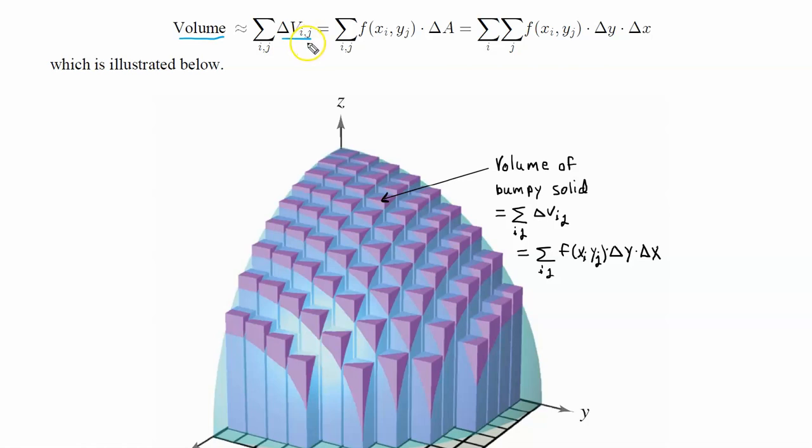The n and m depend on how finely we partitioned the x and y axes. And the delta V sub i,j is, remember, just this quantity right here, which we can write like this. Okay, so keep in mind each one of these now represents a volume. And you notice we have a double summation here now.